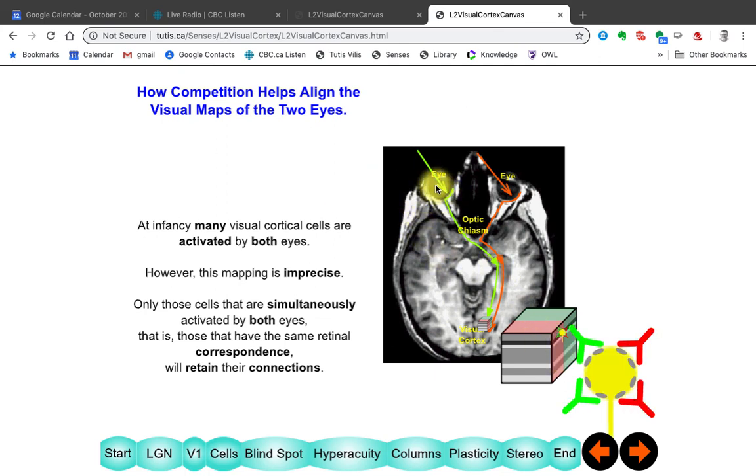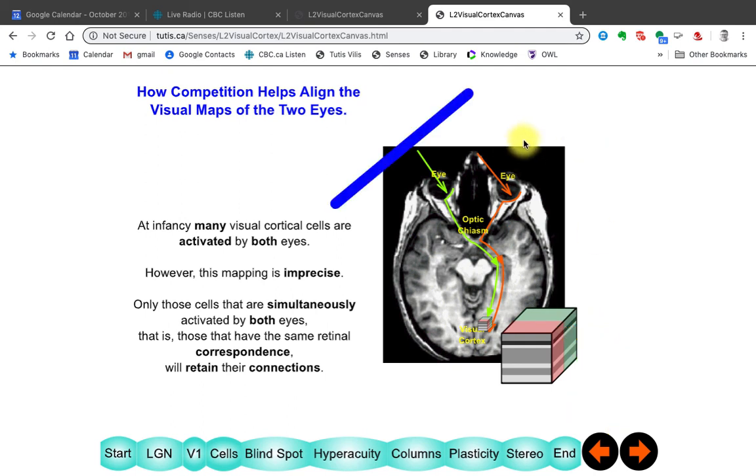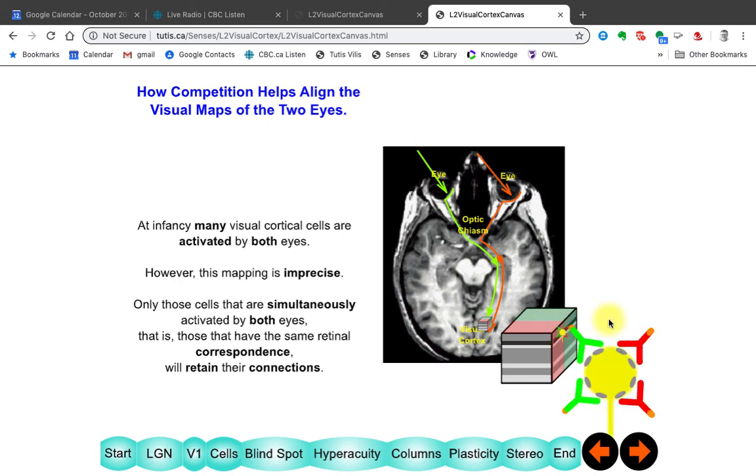This one has to travel all the way from this eye, this one has to travel all the way from this eye, making all these synapses in the LGN and in the cortex, and finally reaching this nice simple cell. But to get that simple cell to fire for this line in one eye and the other eye, you need the connections to form on this neuron and not some other neuron.